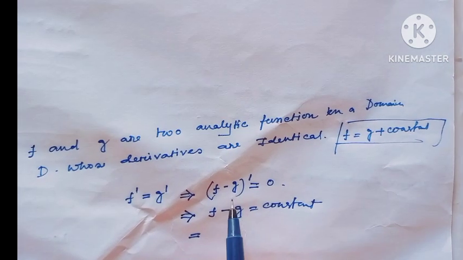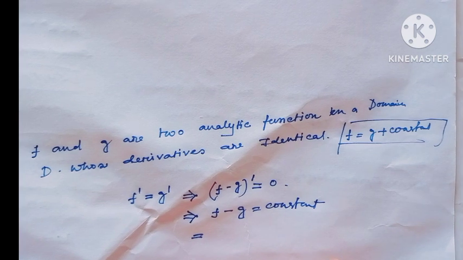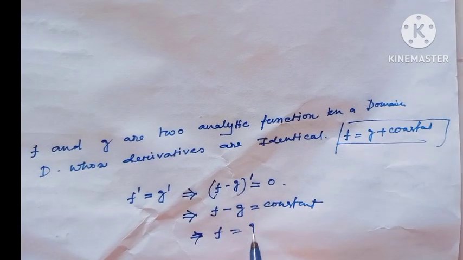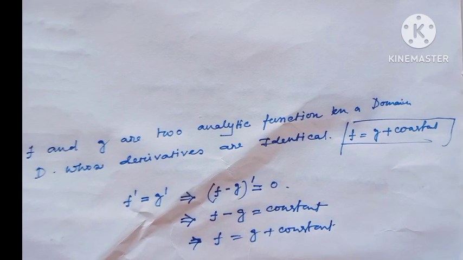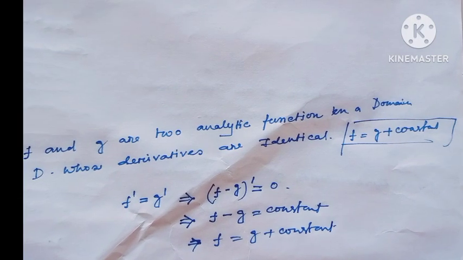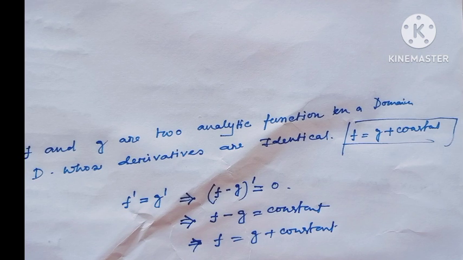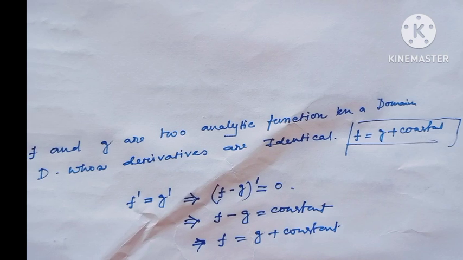We all know this, a few minutes ago I have seen, if f prime equal to 0, that implies the function f is constant, that implies f equal to g plus constant. I hope all my viewers have understood this proof, and this type of proof is actually very important for any competitive exam. Okay.